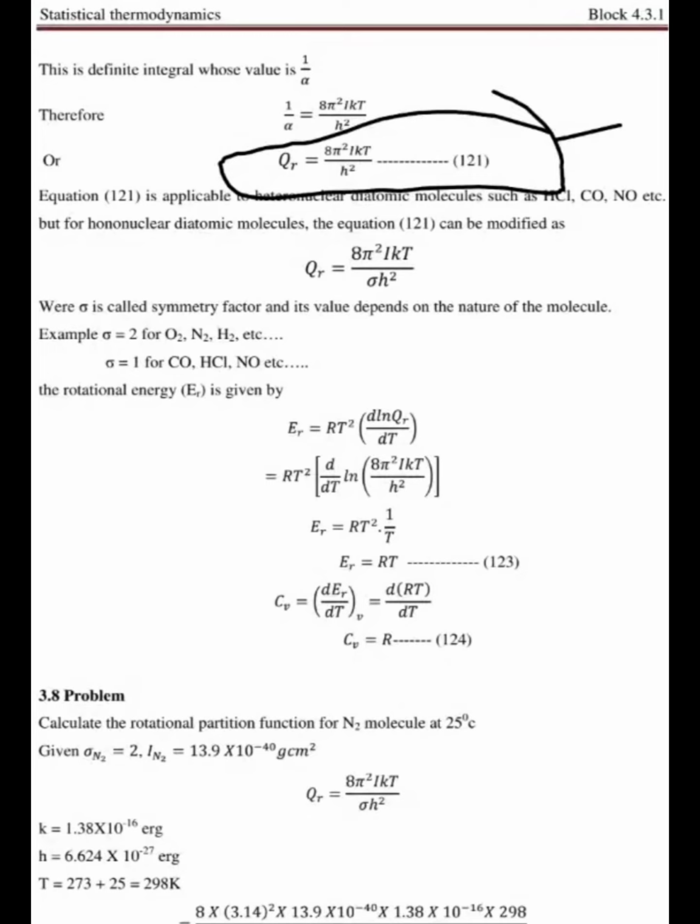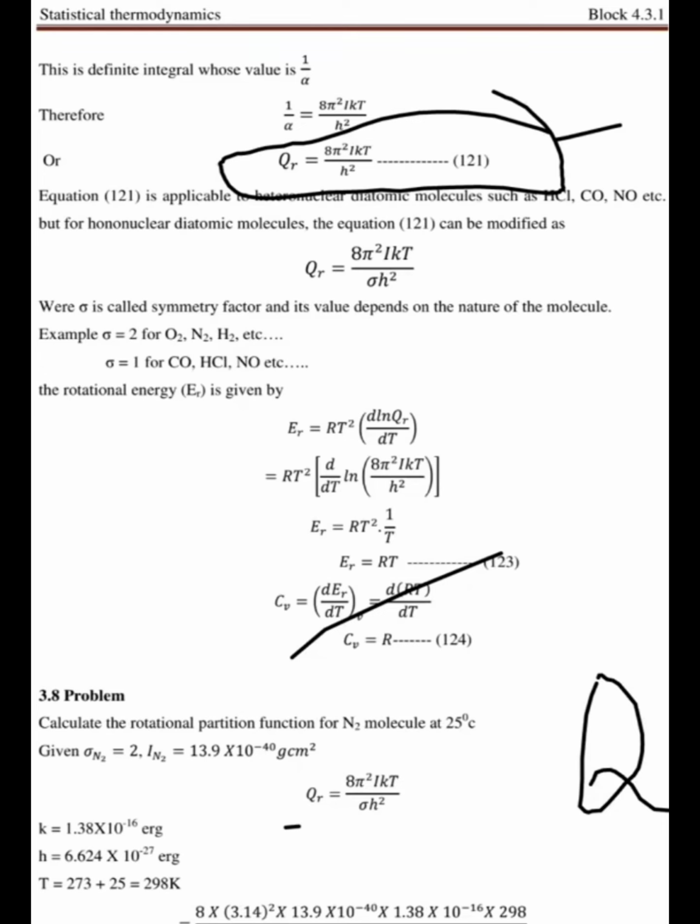Here sigma is the symmetry factor. You need to calculate the rotational partition function, which is denoted by QR.